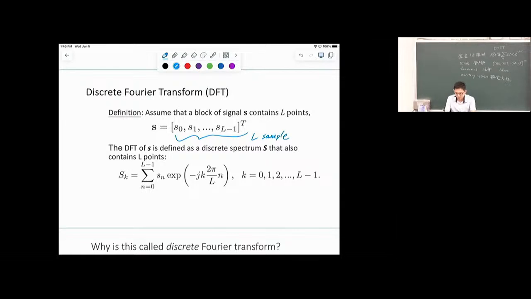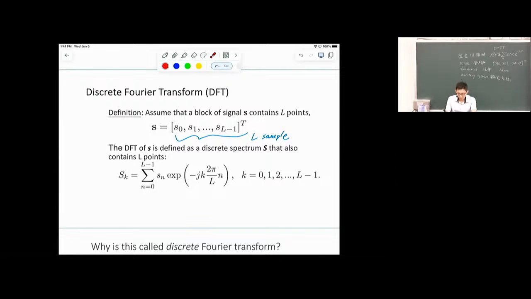Now with that, we can define the DFT, the discrete Fourier transform of small s, the signal. The result is, again, a spectrum, but defined on discrete frequencies.